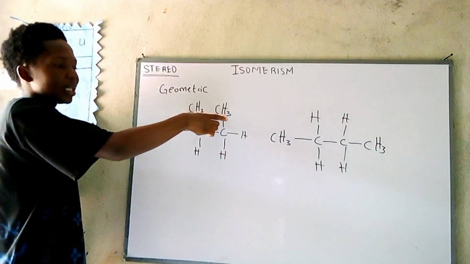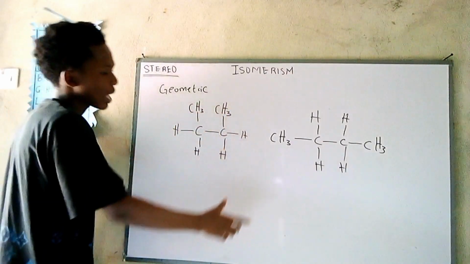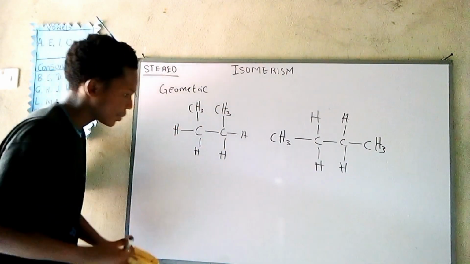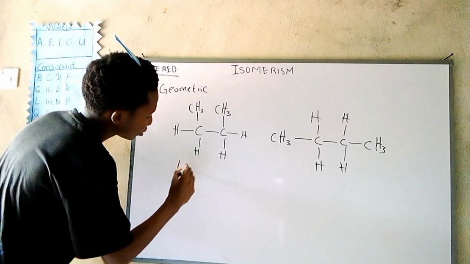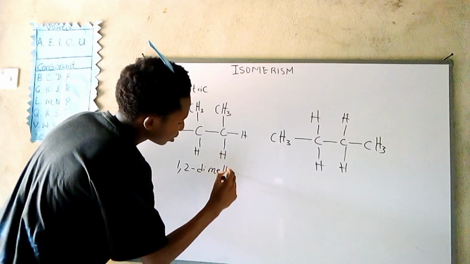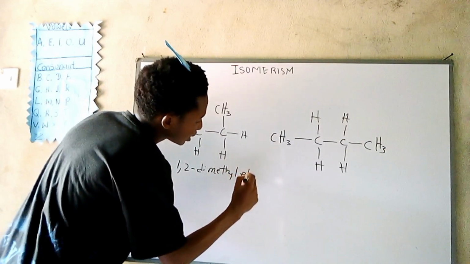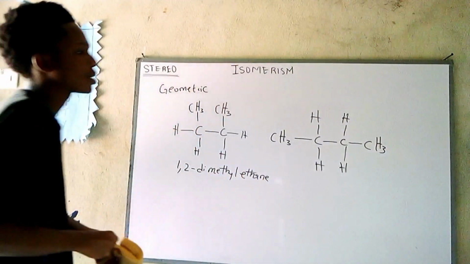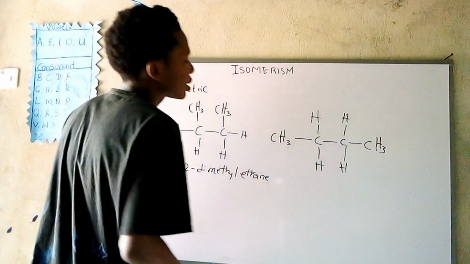Because there are 2 methyls here, we name it 1,2-dimethylethane. Now, fun fact, if we want to name this, how do we name it?